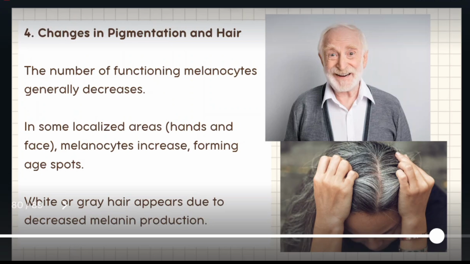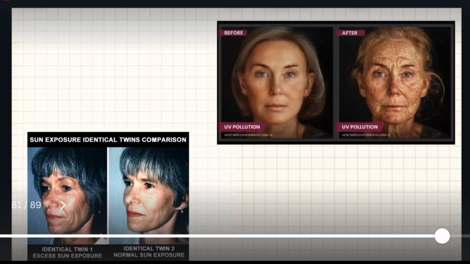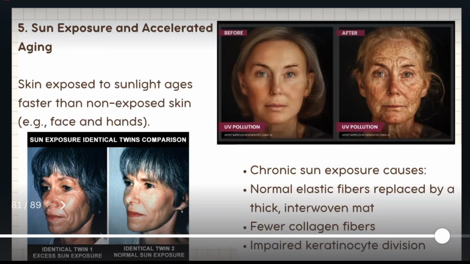The next one is sun exposure and accelerated aging. Skin exposed to sunlight ages faster than non-exposed skin. Chronic sun exposure causes normal elastic fibers to be replaced by a thick interwoven mat, fewer collagen fibers, and impaired keratinocyte division.